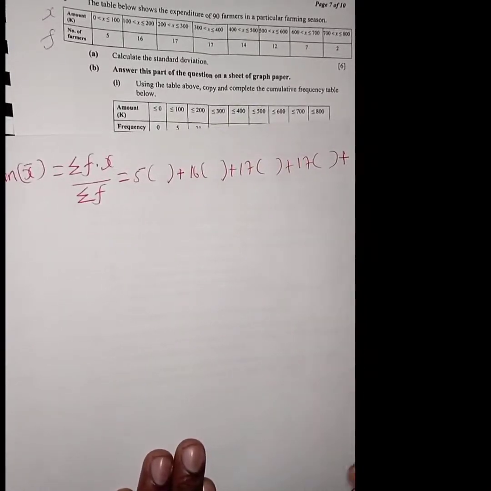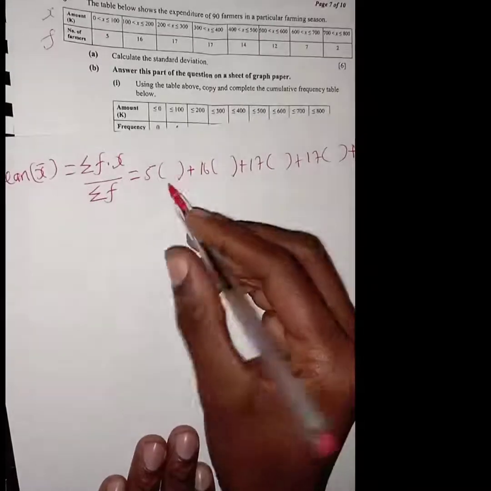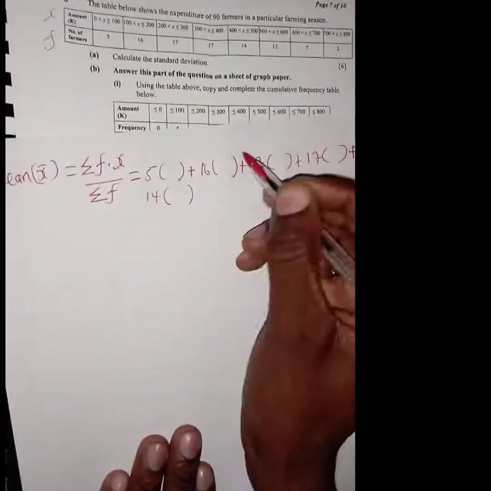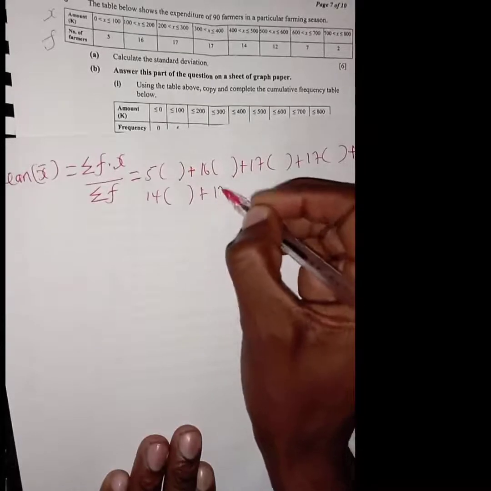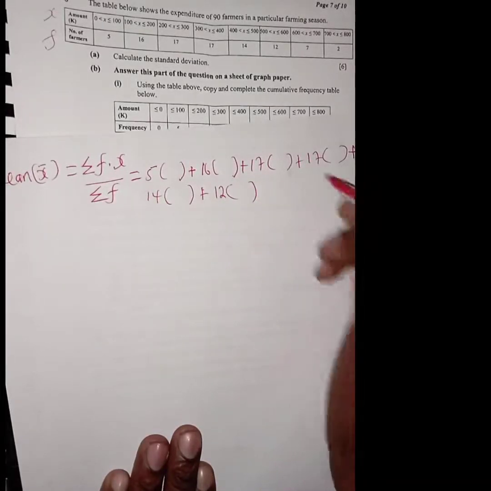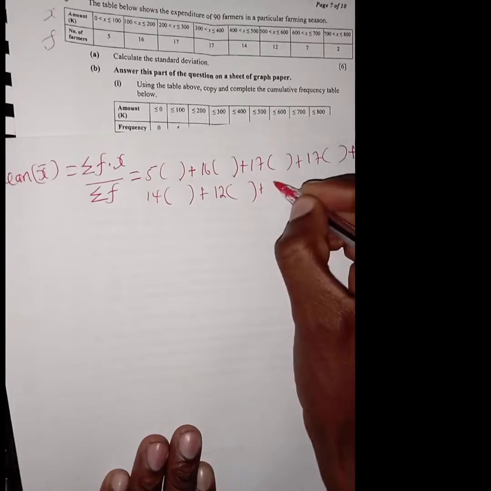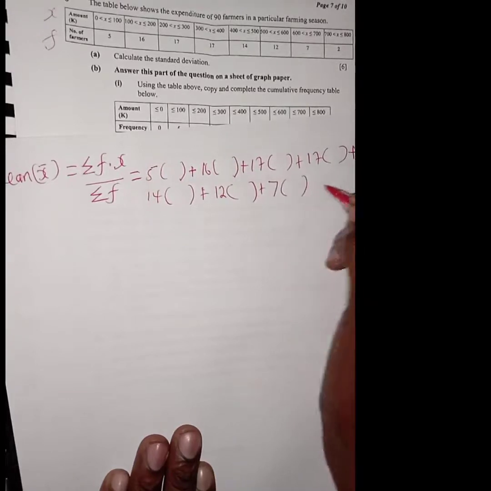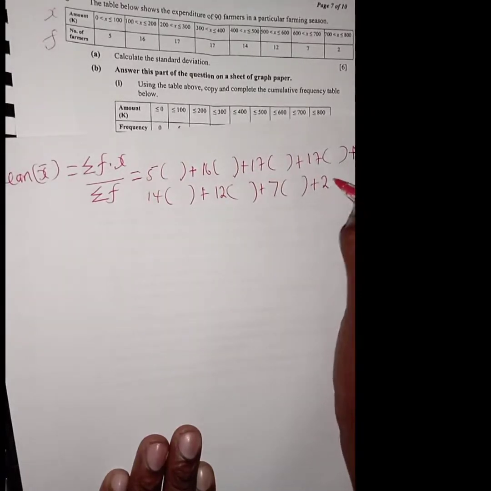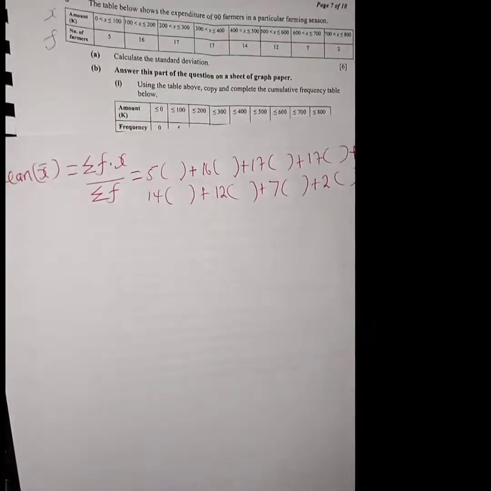Plus, we continue down here, 14 times, plus 12 times, plus 7 times, plus 2 times, right?